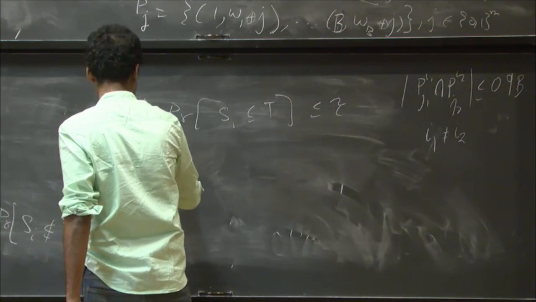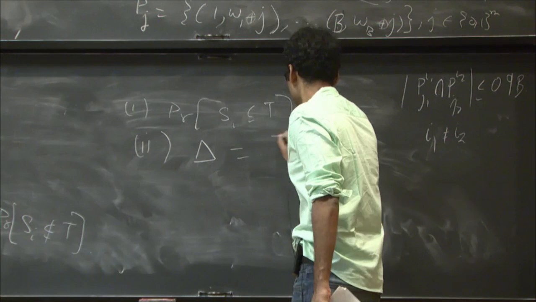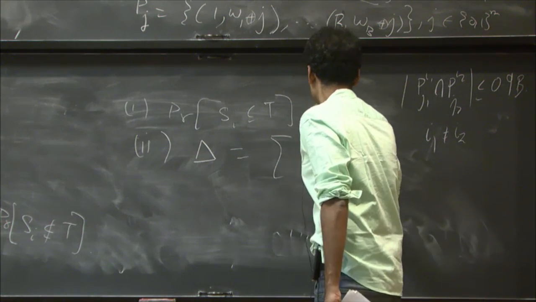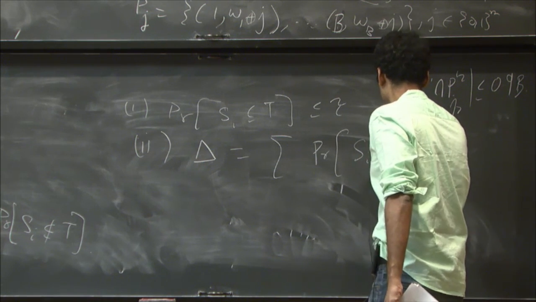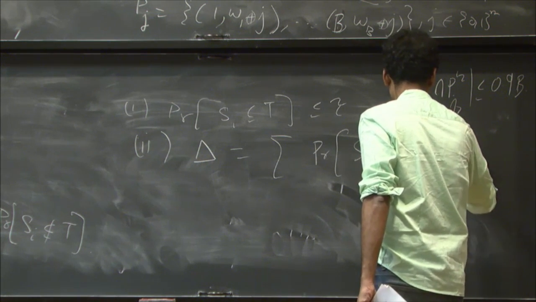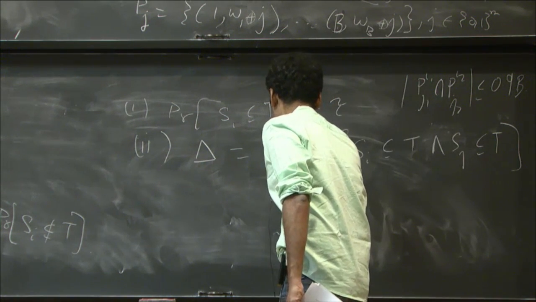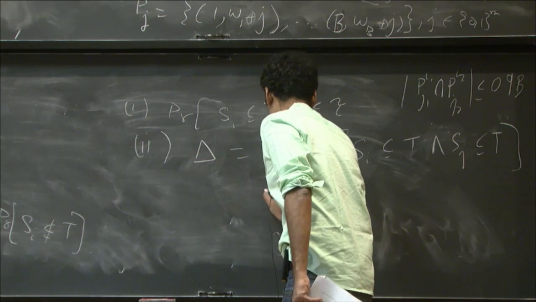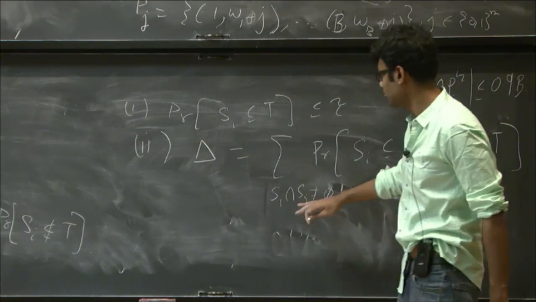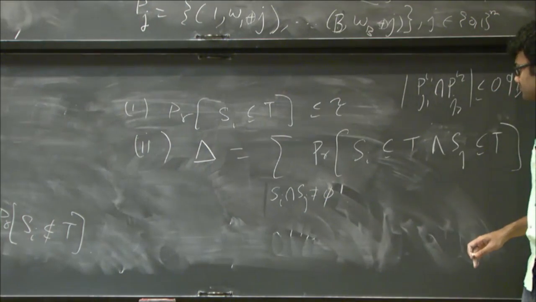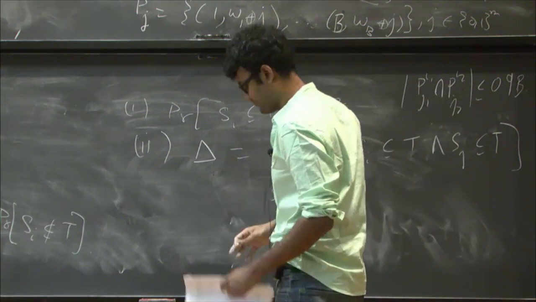And the quantity delta, which is the probability that Si is in T and Sj is in T, for all sets which have non-trivial intersection, is bounded.